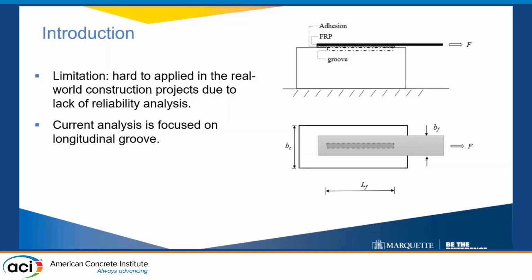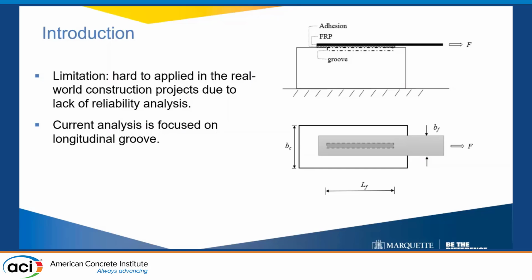So our group already did a little bit of work on the reliability analysis. Today's research is a part of that. Our work is just focusing on the longitudinal groove for two reasons. The first reason, as I mentioned from the external work, is that the longitudinal groove already showed good potential to improve the bond efficiency.